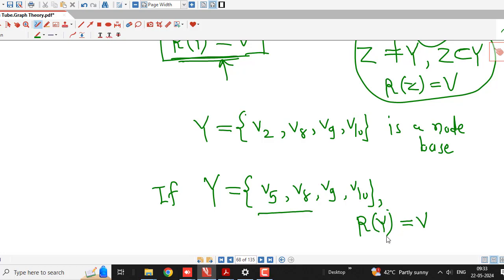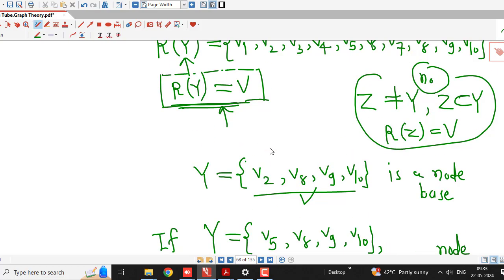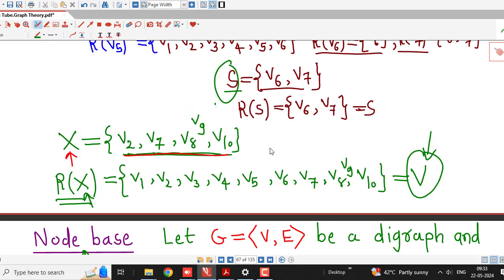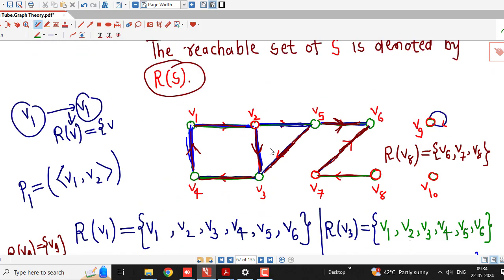You can check whether reachable set of this set is V or not. So there can be more than one node base also, but the number of nodes in any node base are same. You can check that there are 4 vertices in any node base, and there are certain properties of node base which will help us to decide the node base.